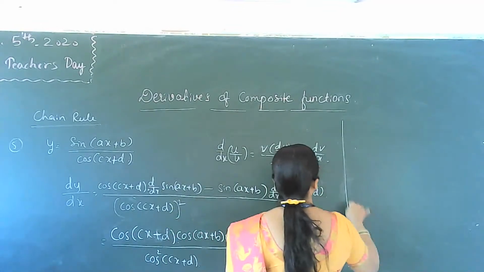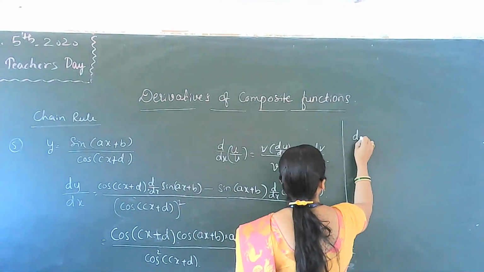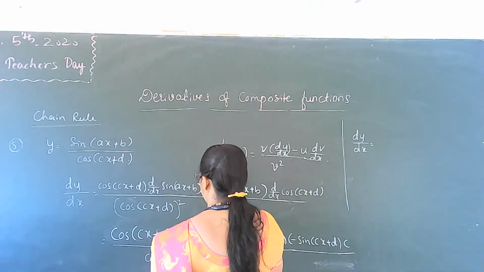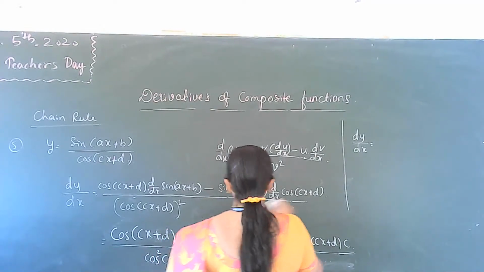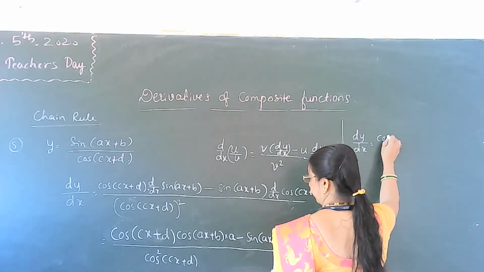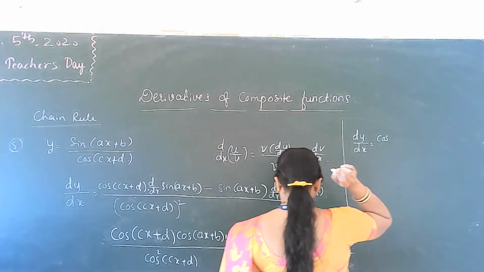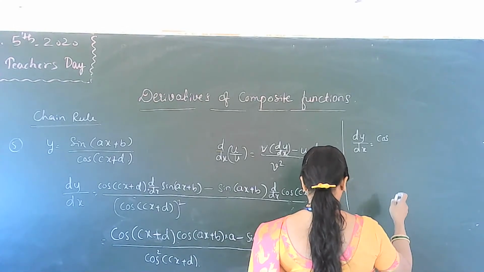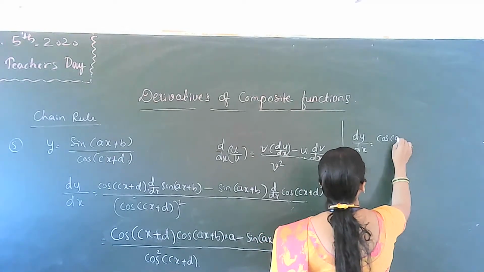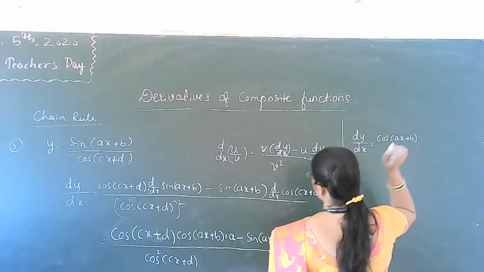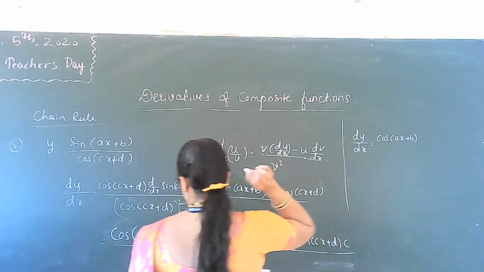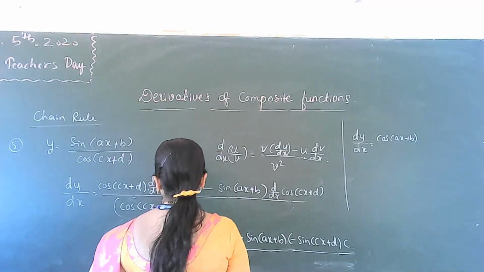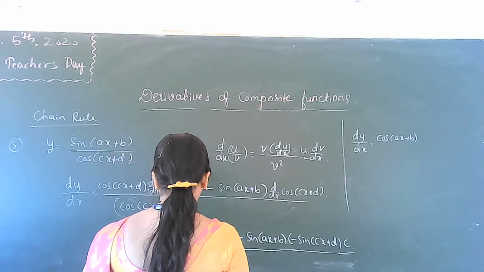Therefore, which is equal to cos of ax plus b, cos of ax plus b, and cos of cx plus d cancelled.